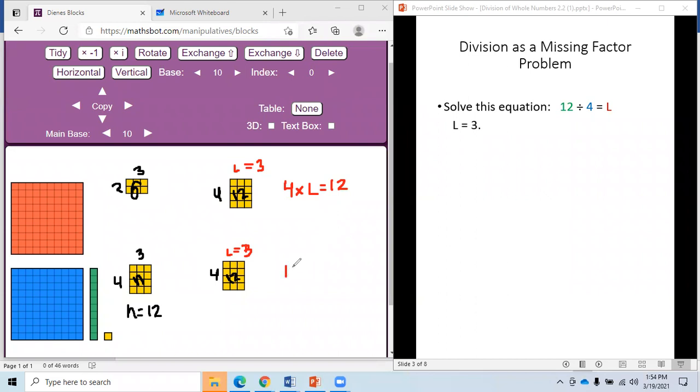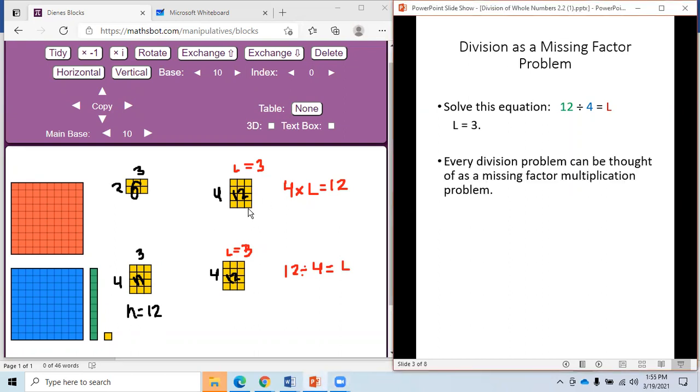This represents 12 divided by 4 is equal to L. Every division problem can be thought of as a missing factor multiplication problem. And if we look at these two models, they look the same. 12 divided by 4, our bottom model, is equivalent to the top model. 4 times L is equal to 12.